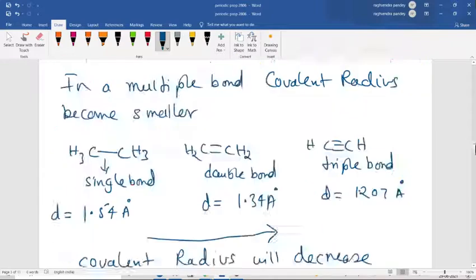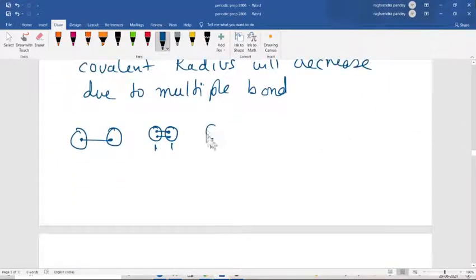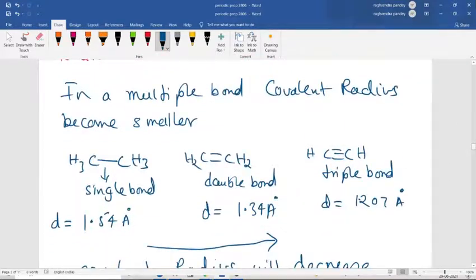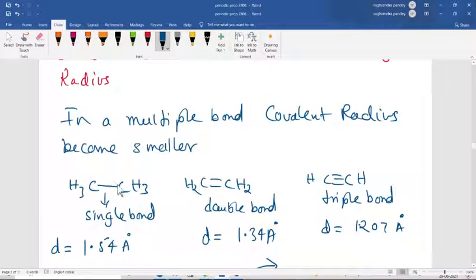In a triple bond, they are all much closer to each other, very close. That's why it's tougher, and we can't easily break the triple bond.